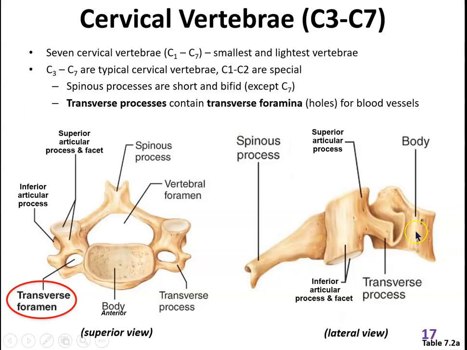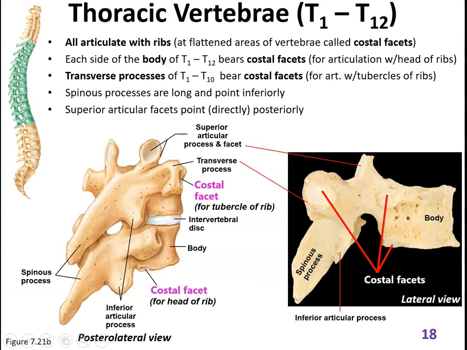Okay, so let's get into the thoracic vertebrae now that I've already stolen my own thunder in this regard. The thoracic vertebrae are unique because they are thoracic. That means they're all going to articulate with the ribs. The ribs are going to protect the thoracic region of the body, or the chest.